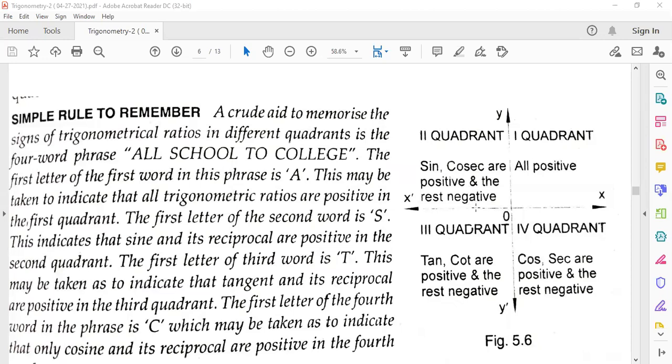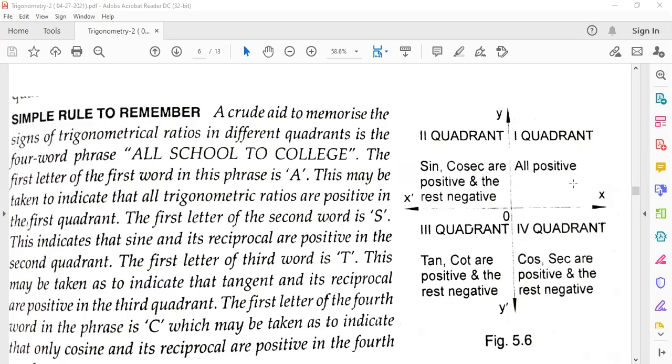In the third quadrant, the angle between 180 to 270, here tan theta and cot theta are positive, except tan theta and cot theta, all are negative. And the fourth quadrant is 270 degrees to 360 degrees. Here cos and sec are positive and all other trigonometric ratios are negative, right? So we have to remember this.